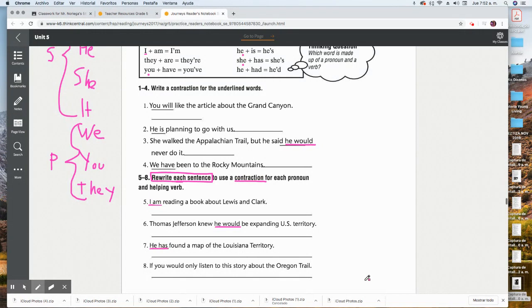The pronoun is you. And the helping verb is the word right next to it. You would. So we need to come up with a contraction with those two words, rewrite the whole sentence, and use the contraction.